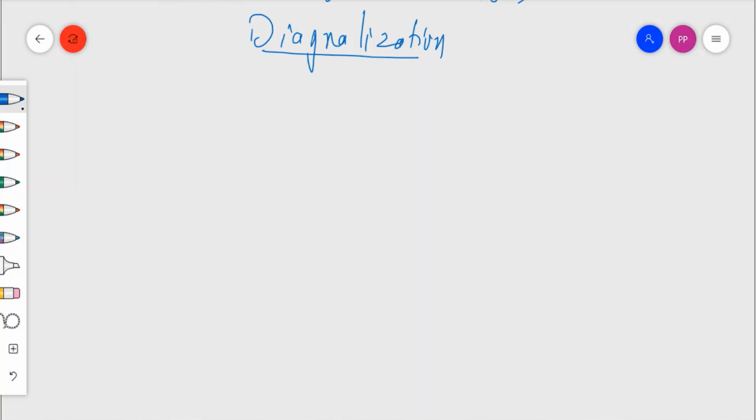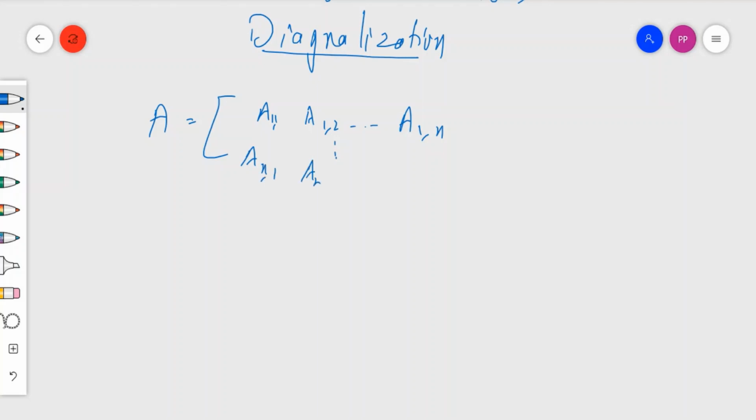In several applications of linear algebra, we need to transform the matrix, suppose A, into another form B, where A and B are of the form like this, where A is A11, A12 up to A1n, going down to n comma 1, n comma 2, like that, n comma n.